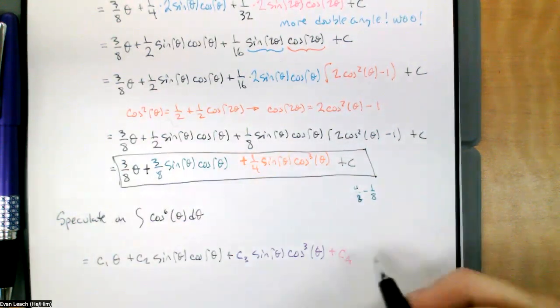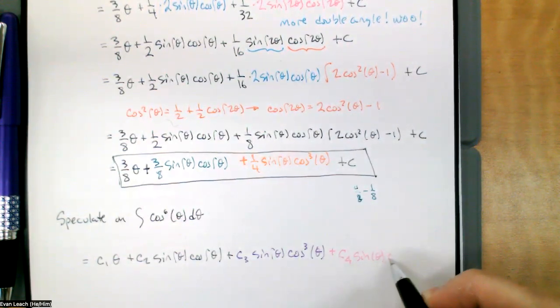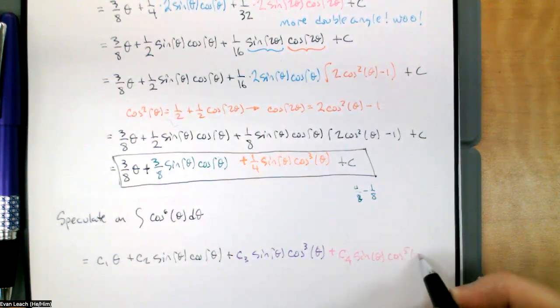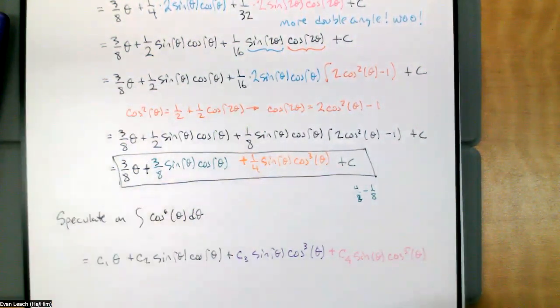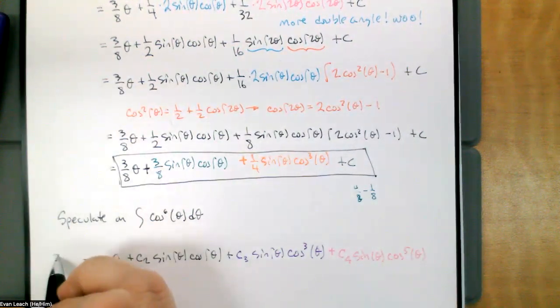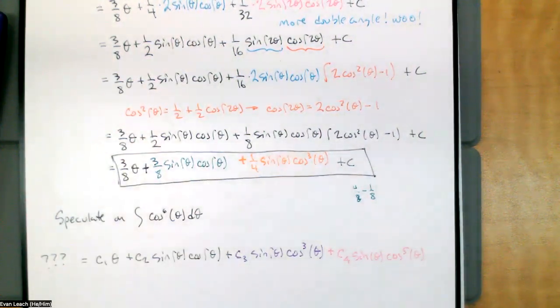So a good speculation would be, is it sine theta, cosine to the fifth theta? It's always 3. I can't just do 2. This seems like a good speculation about what the form of the term should be.